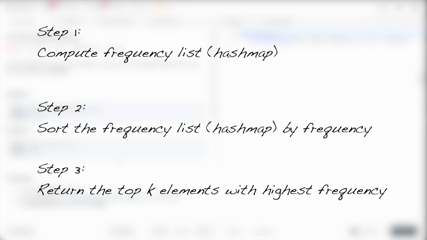So for step 1, computing the frequency list, what we could do is to build a hash map or a dictionary to store the key value pair of each element and its corresponding frequency or occurrence in the list.